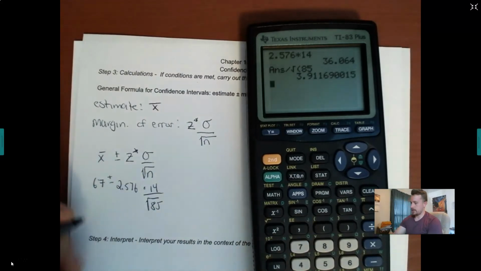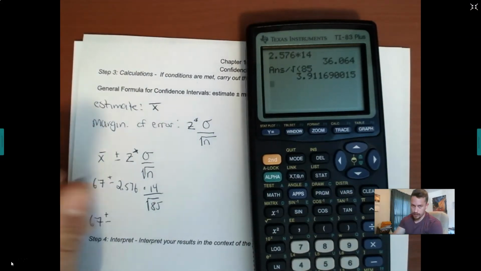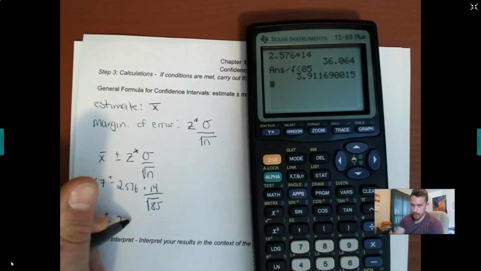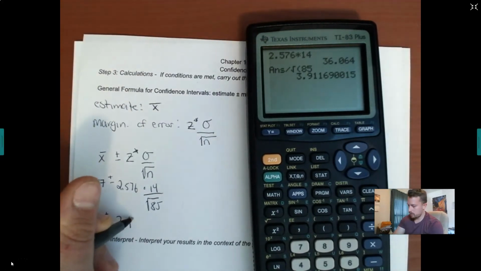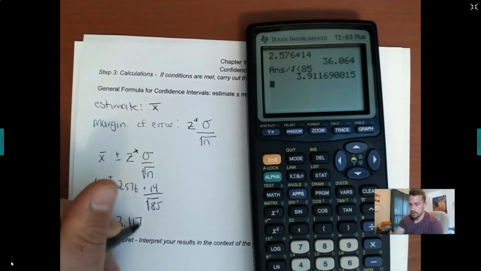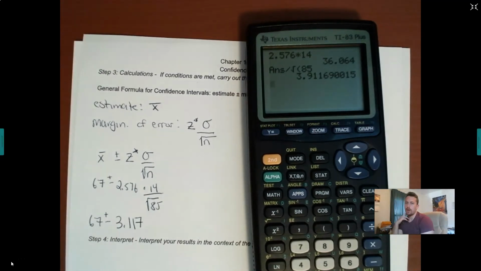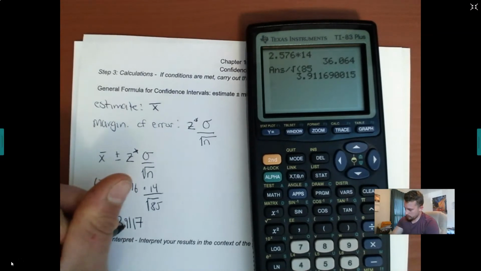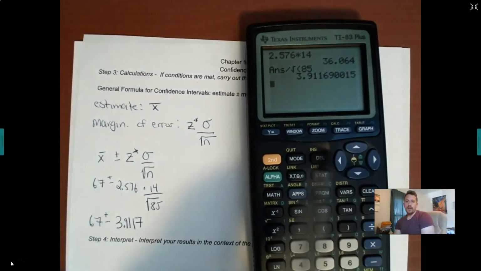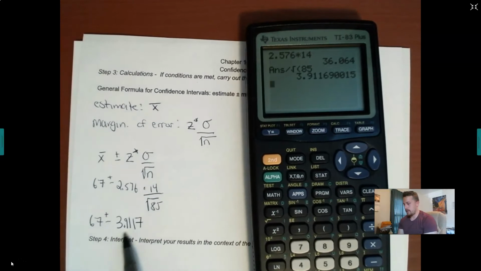So I'm going to have 67 plus or minus 3.9117. Let's go out 4 decimal places. This is really just up to you how you want to round it. I would go with at least 2 decimal places, but I went 4 for fun.